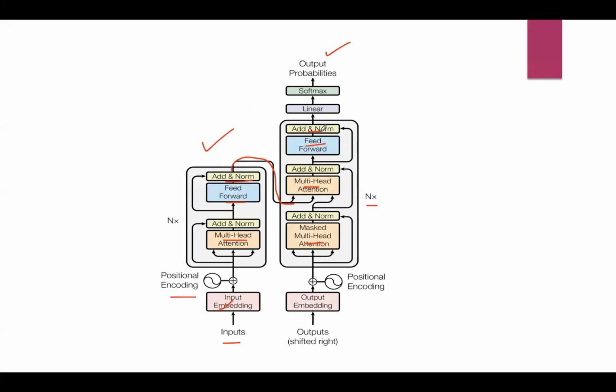The decoder receives the output embedding as well as positional encoding, just like the encoder. Finally, the decoder produces the output probabilities through a linear layer followed by a softmax activation function, determining the predicted word at every step. So this structure forms the basis of models like BERT, GPT, and T5.